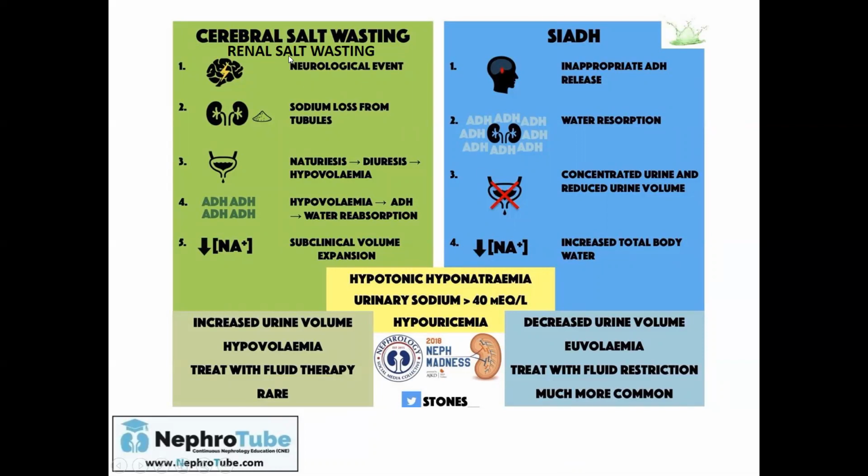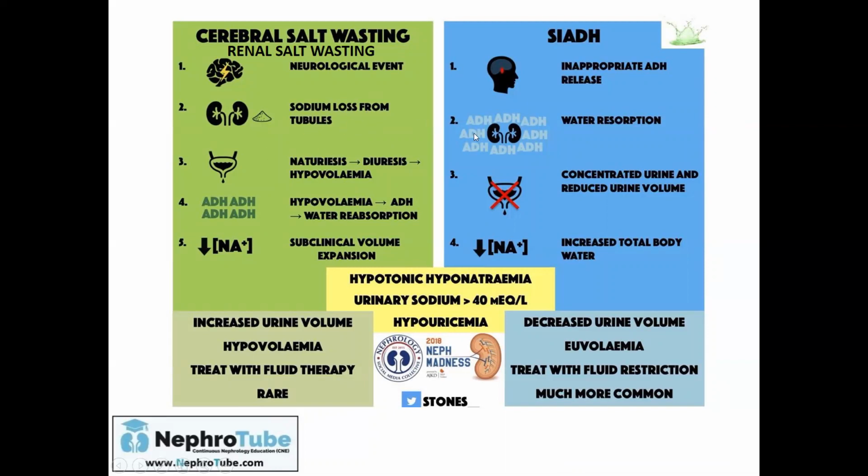In cerebral salt wasting, there is a neurological event, or it may be without a neurological event in what is called renal salt wasting. So there is sodium loss from tubules. This will cause natriuresis, as we said, diuresis, and hypovolemia. And the hypovolemia will cause release of ADH and water reabsorption. So the hyponatremia in SIADH is due to increased water reabsorption. The hyponatremia in renal salt wasting is due to sodium loss followed by water reabsorption.